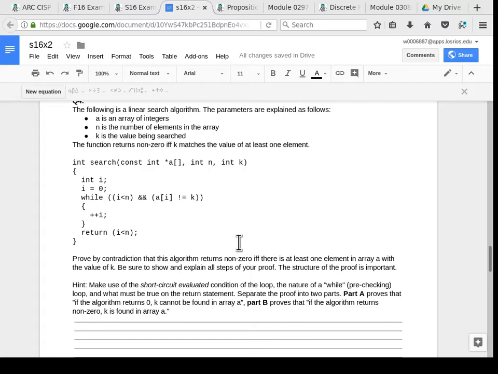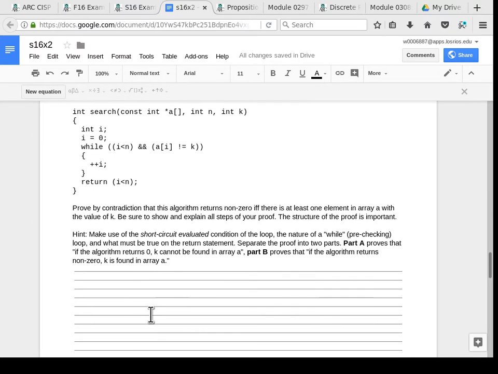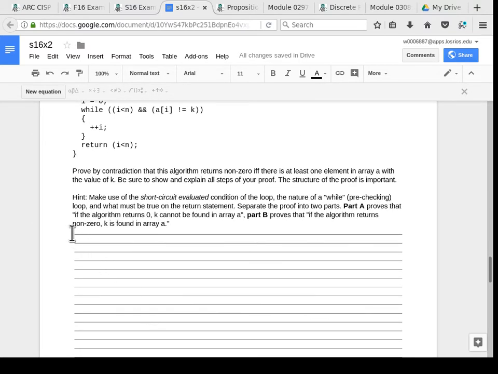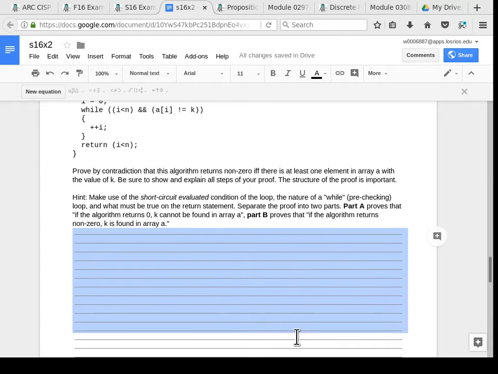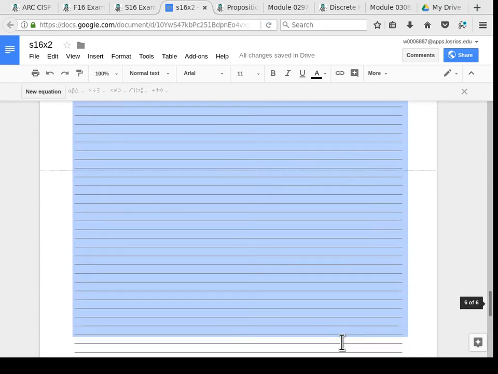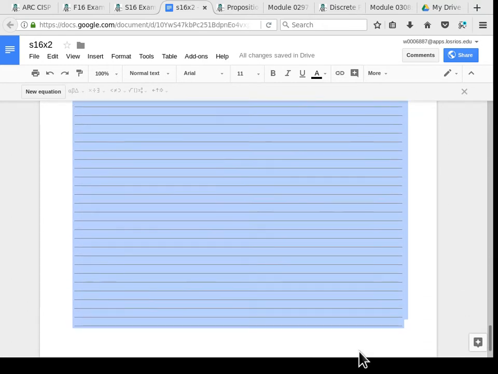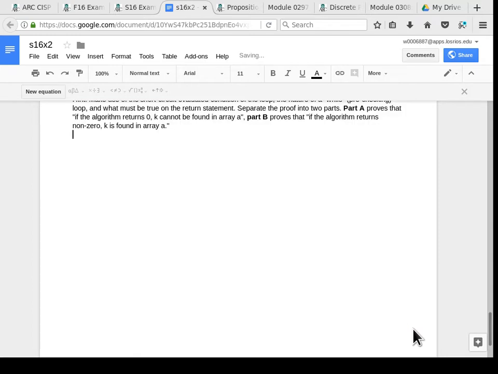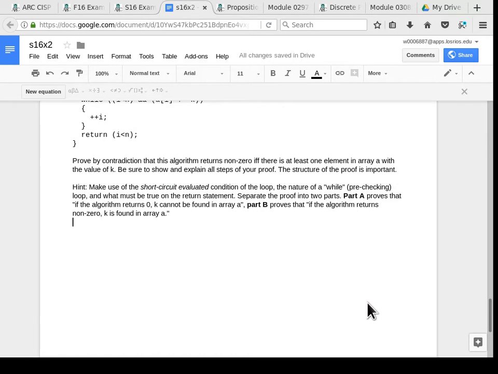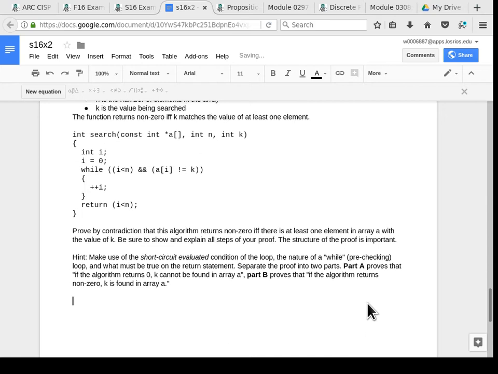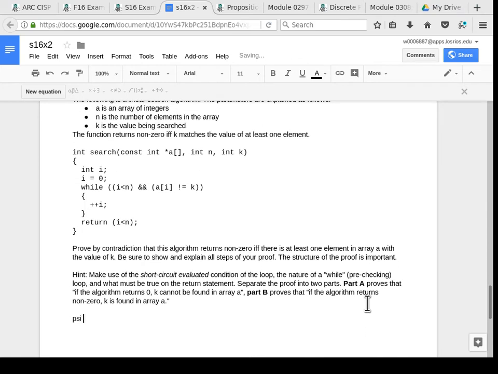So once again, we have to separate what is given to us, which is the algorithm, and what we are trying to prove, which is certain properties of the algorithm. So I'm going to remove all these lines first. There we go. And then we'll go ahead and prove it. So in this case, we have to say, what is psi? Psi is given, it is the algorithm.